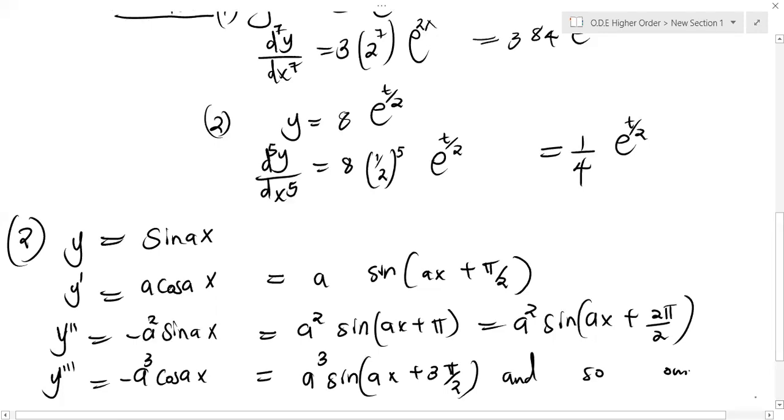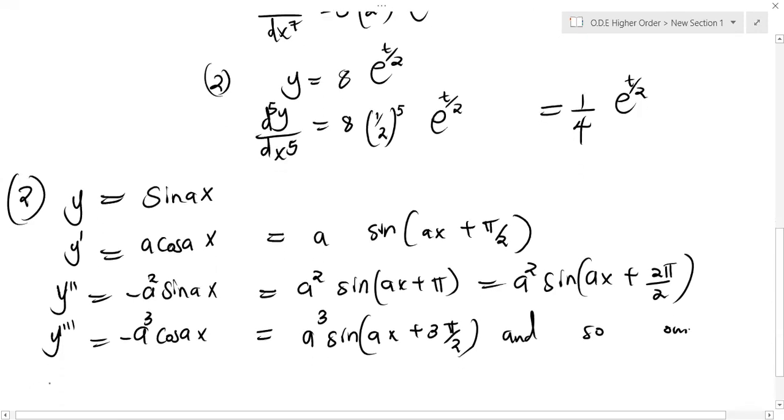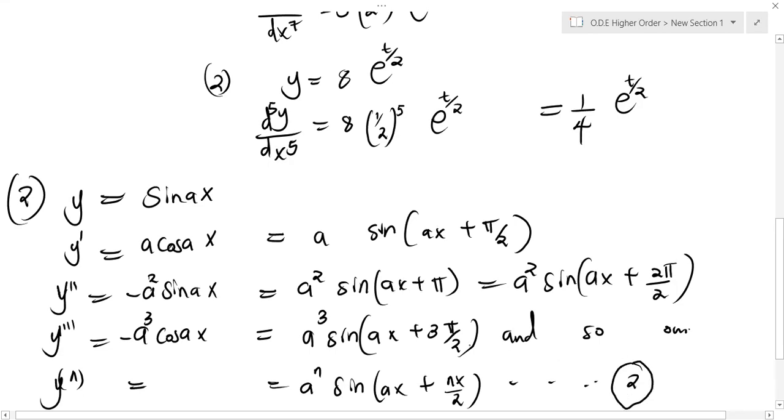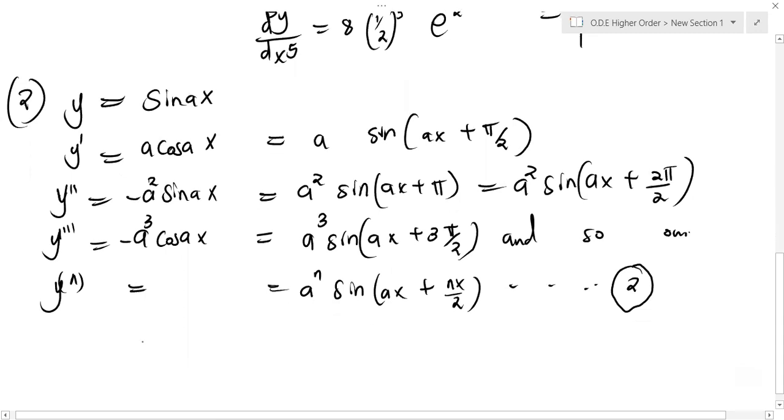So generally, if you are to write the one for yn, yn would be equal to a^n sine of ax plus n pi over 2. So ideally, if we are to take up an example having that in mind, then we can come up with higher order derivatives.